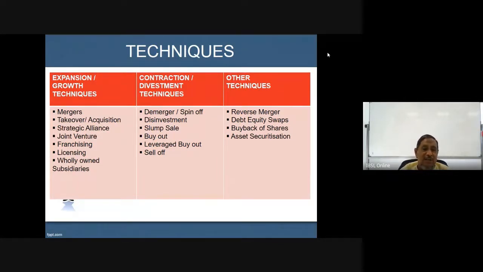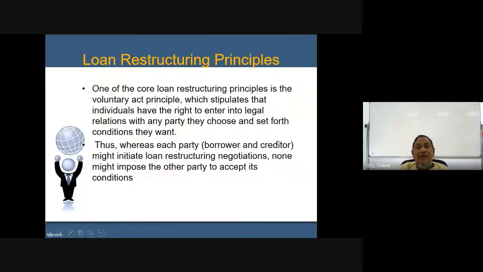Buyout means selling the businesses, leveraged buyout or sell-off. Those are the contraction techniques available for corporate restructuring. Other techniques are reverse merger, debt to equity swaps, buyback of shares, and asset securitization, which we already discussed: using assets more productively.